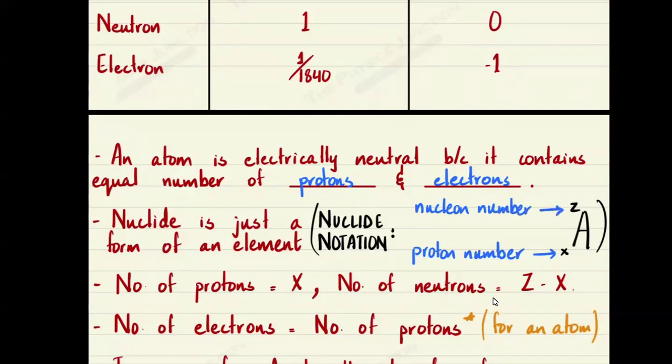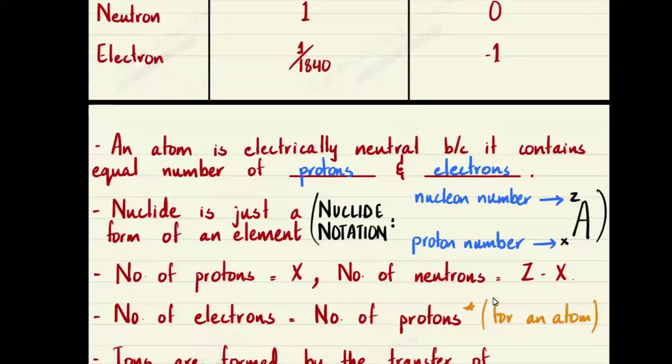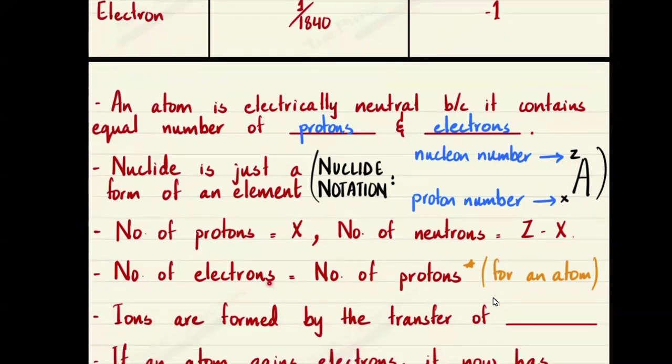So nucleons are the particles in the nucleus, so that consists of protons and neutrons. So the number of protons equals X if Z is the total number of protons and neutrons, and if I need to find out the number of neutrons only, I would subtract the protons from that, which is what is written here. And again, for an atom, number of electrons and protons are equal.